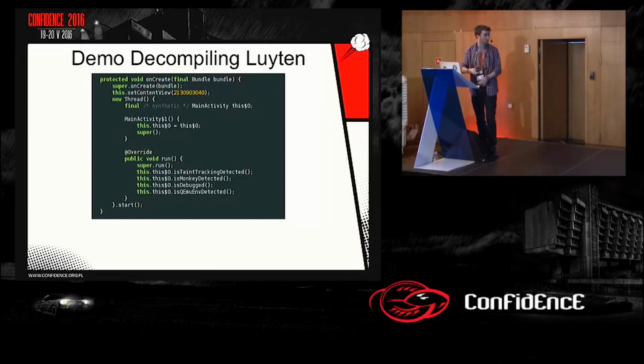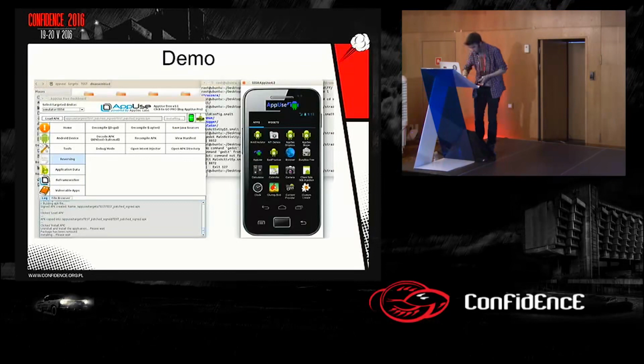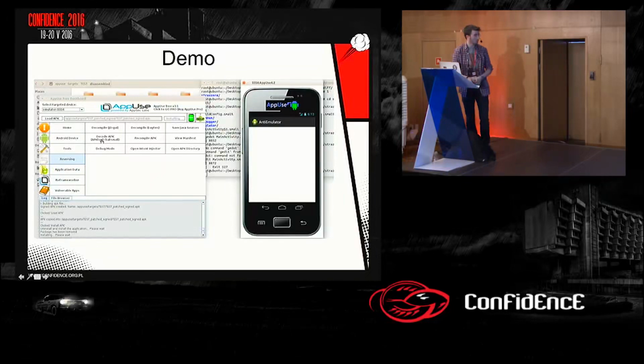Then we follow the same process as before: decompile the application, modify the smali files with the hash key to remove this call, and then the final output is that we can actually open the application on an emulator device, so it's a normal hello world.